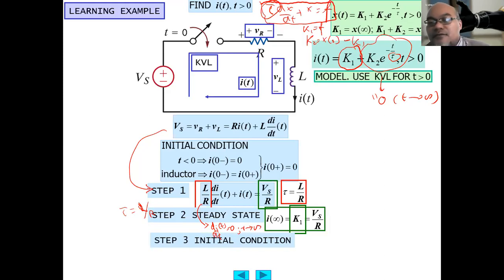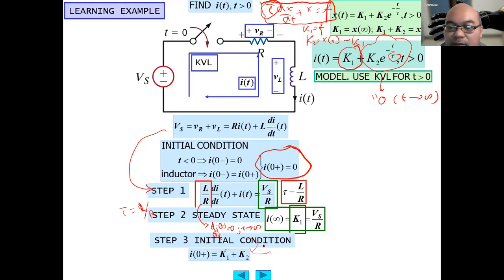To calculate K2, we have to use this initial condition, I(0) equals 0. So at t equals 0, this term becomes 1. So I at 0 equals K1 plus K2. Since I(0+) equals 0, 0 equals K1 plus K2.